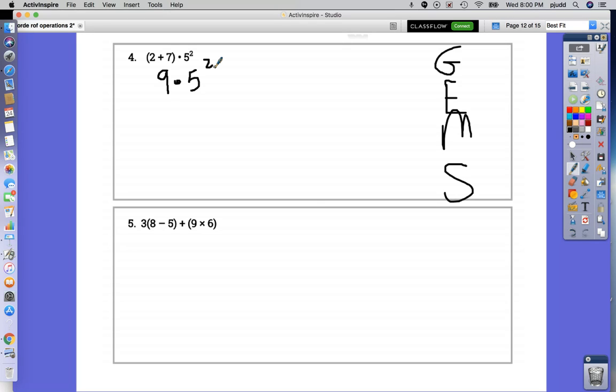Okay, and B's. What did A's tell you? And squaring 5 is correct. 9 times 5 to the second power is 25.